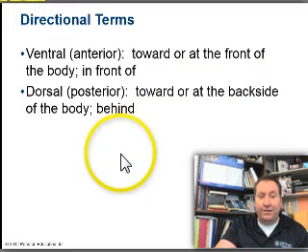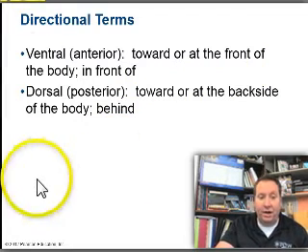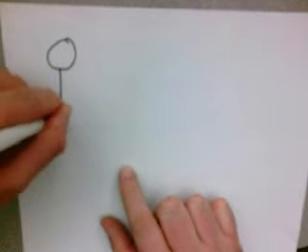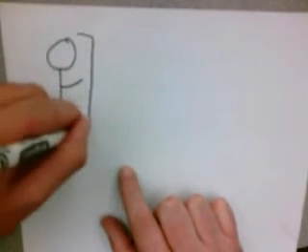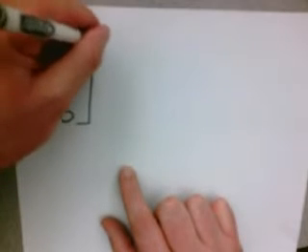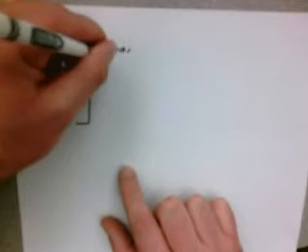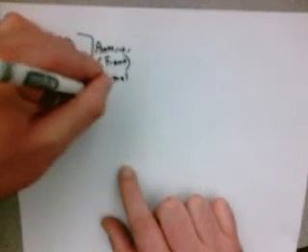Now, like I said, these terms are a little bit different when we look at a quadruped, which I'm going to show you next. When I look at a human being standing upright, this is my little human being here. This is a little arm right here. We know that anterior means towards the front. So this is the anterior, which means front. We know that ventral means the belly side.